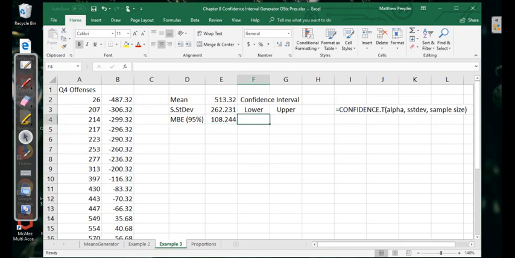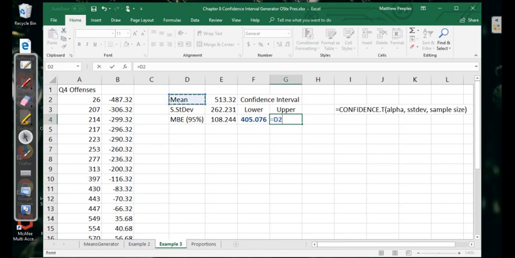There it is, 108.24. Now the lower amount is going to be our mean minus the MBE, and the upper is going to be our mean plus the MBE. Not D2, that's a mistake.